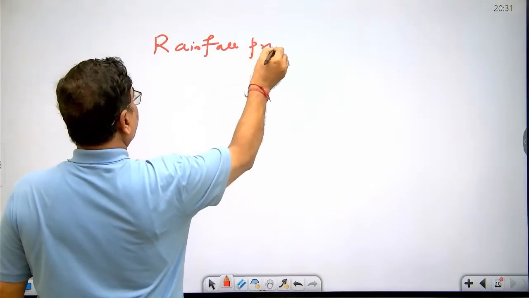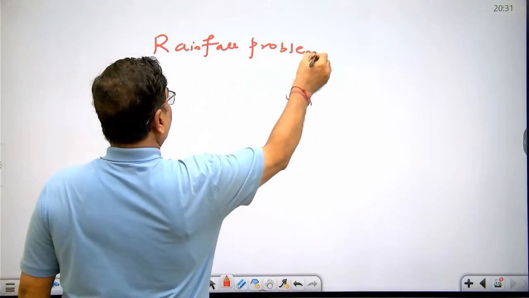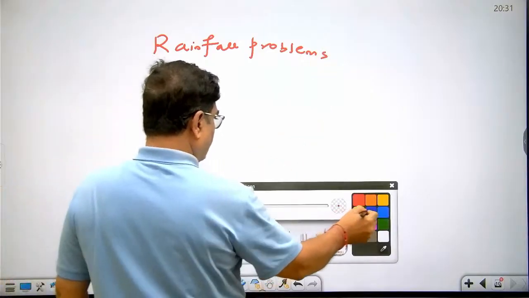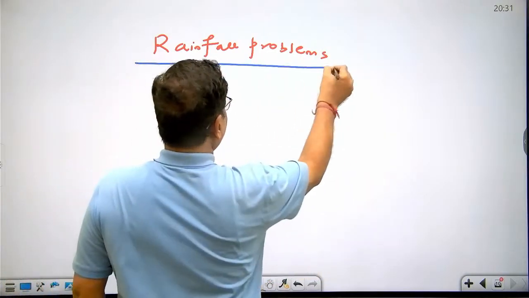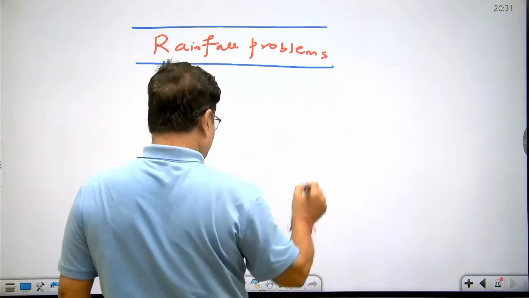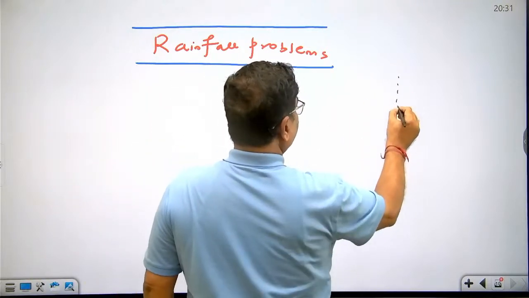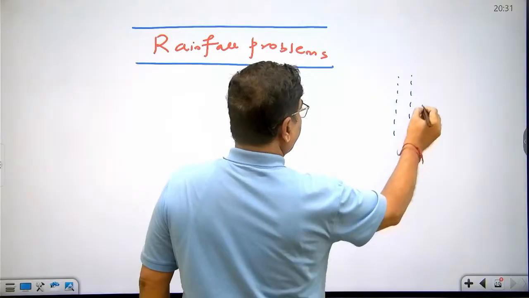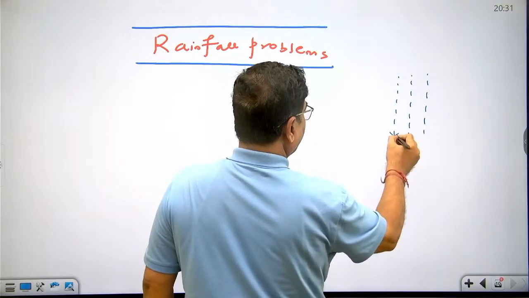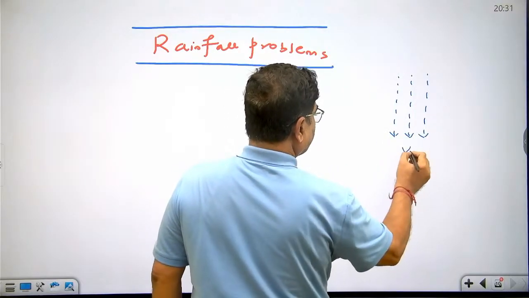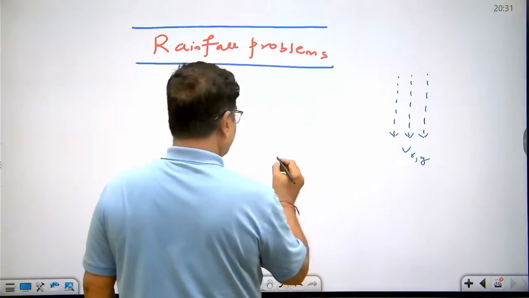Rainfall problem. Dear student, here is some terminology. Let us assume this is velocity of rain and direction of rain. This is velocity of rain with respect to ground.